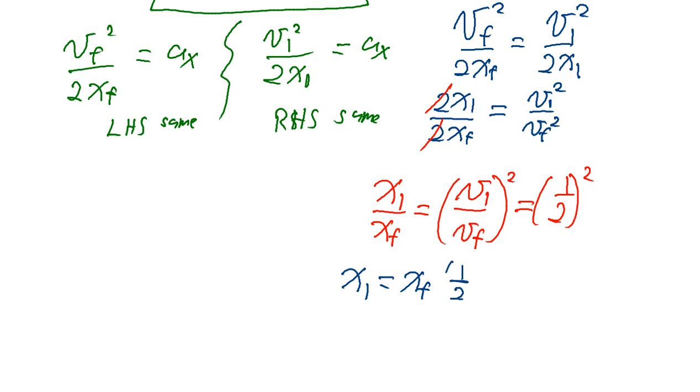This is 2.0 meters divided by 4, which is equal to 0.5 meters.